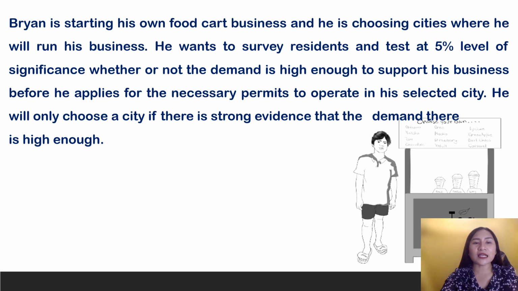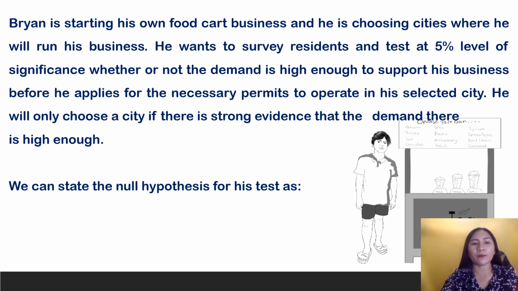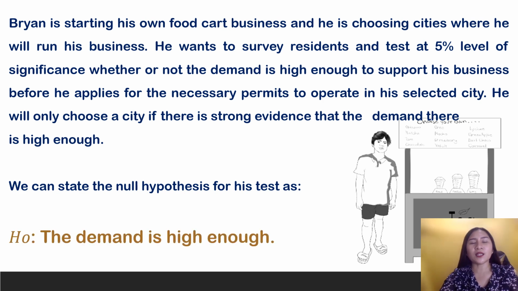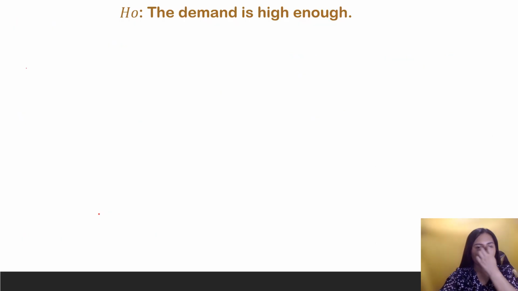He will only choose a city if there is strong evidence that the demand there is high enough. In the given scenario, the null hypothesis is that the demand is high enough.